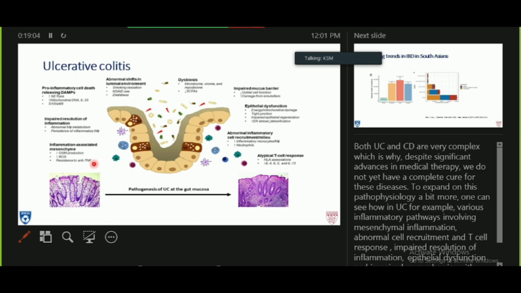And so this can be due to inflammation, which is associated with the mesenchyme. You could have impaired resolution of inflammation. You could have dysbiosis playing a role. The mucosal barrier may be impaired. There may be epithelial dysfunction. And there's really no one drug that covers all of these things and is still tolerable to humans. So that is why these diseases are quite difficult to treat and there's no proper cure for them yet.